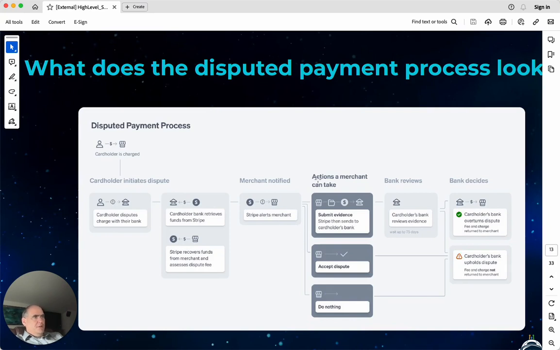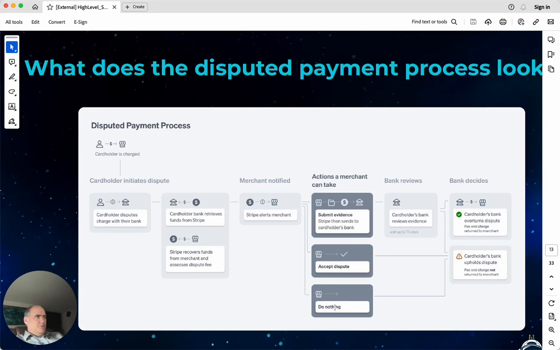At this point, there are three things you can do. You can do nothing, which leads right over here to the cardholder's bank upholds the dispute. Fee and charge not returned to the merchant. Stripe recovers the funds from the merchant and assesses a dispute fee. That happens, then they let you know.